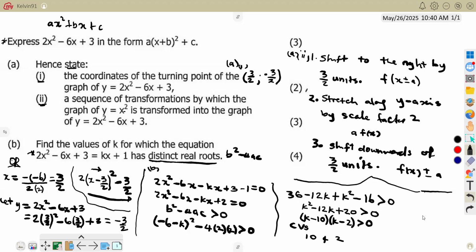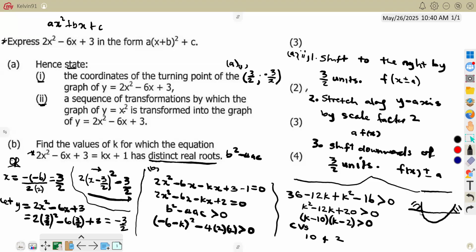So if we are to use the graphical method, remember there are many methods. You can use table values or whatever. But if I were to use graphical method, it means we have a sketch of this graph. Since k squared is positive, it will be something like this. Then you ask yourself where the graph is greater than 0.